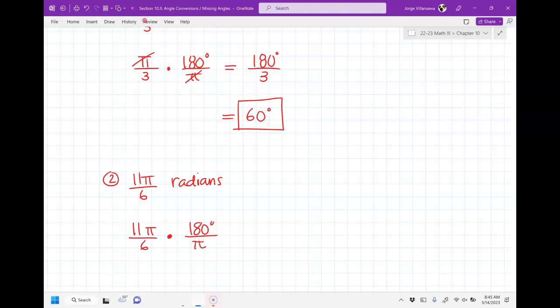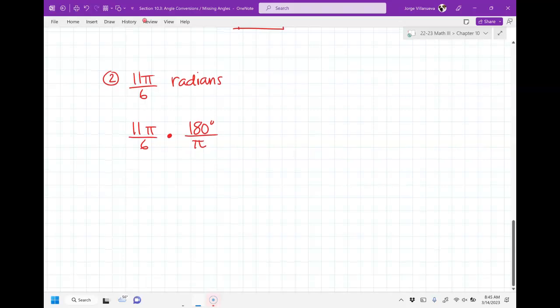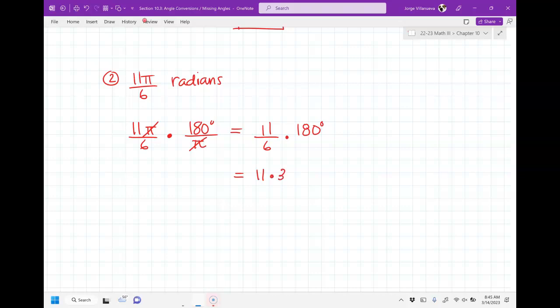Now remember, the nice thing about this is that the pi's cancel. Okay? So this is going to cancel with that. So I just got to multiply 11 over 6 times 180 degrees. Now, I know that 180 divided by 6 is 30. So that's 11 times 30 degrees. And 30 times 11 is 330. So there's my answer for that.